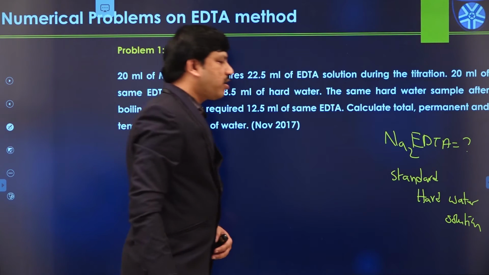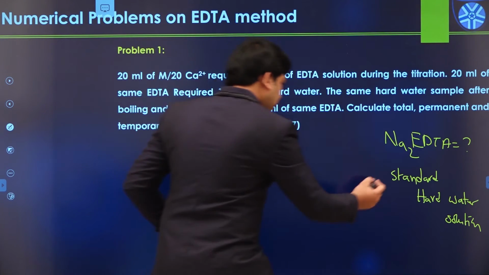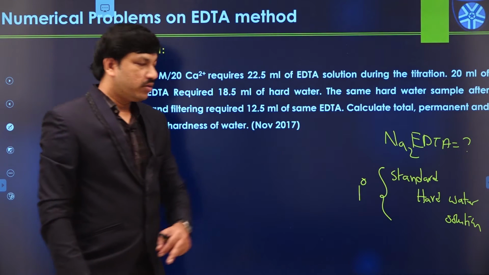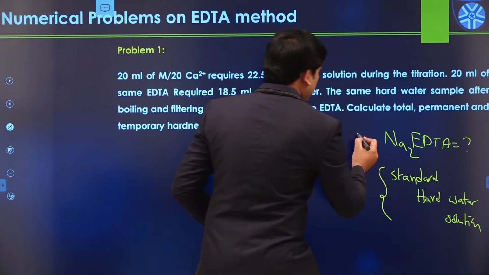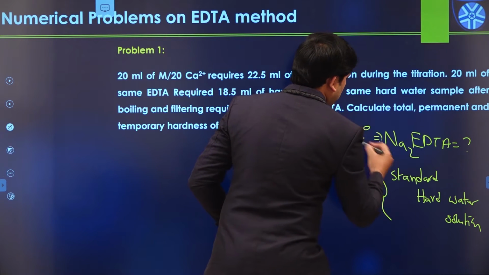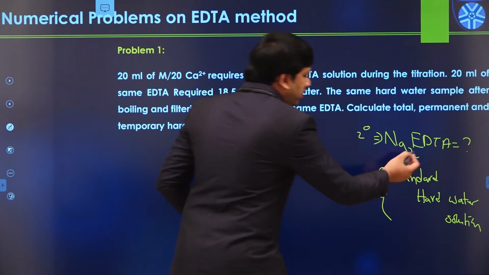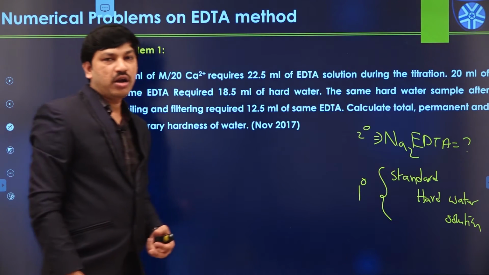This acts as a primary standard reagent for knowing the concentration of this secondary standard solution, the disodium salt of EDTA. So what is the standard hard water sample, and how do we prepare it?